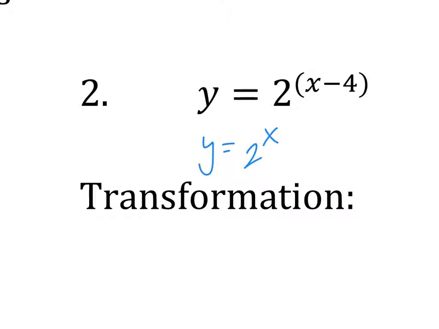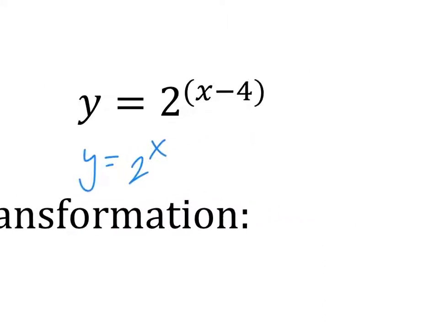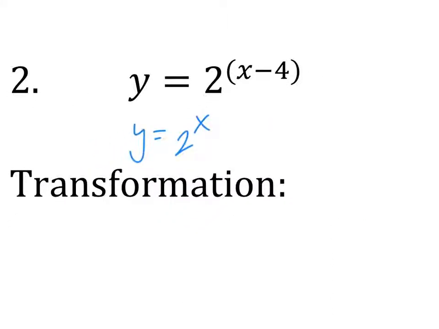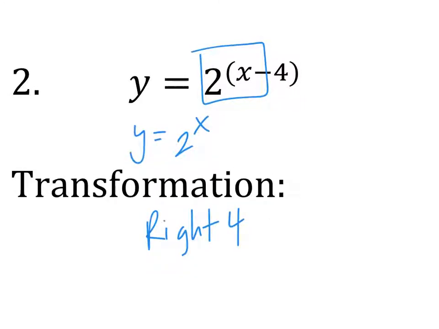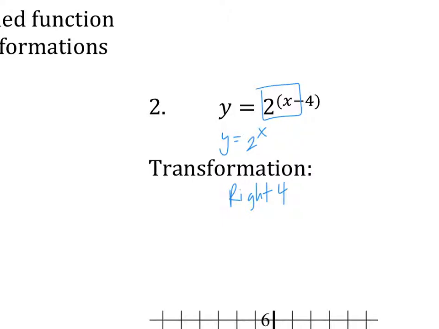Okay, good. So then, Sebastian, what is the transformation? Right 4. Okay. B to the x is the parent function, so don't get confused there. 2 is not a stretch 2, okay?